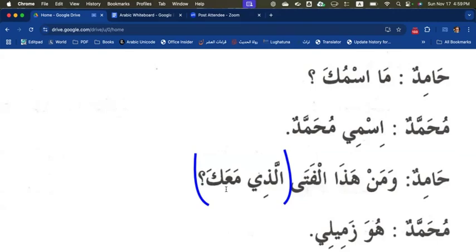It's kind of gray, so I'm just going to leave it gray. So there are two prepositions, inda and ma'a. They almost have the same meaning, but ma'a is more specifically about accompaniment, close accompaniment, companionship.